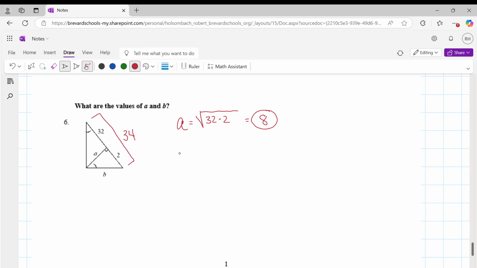The geometric mean of the entire hypotenuse and the segment closest to the leg we're looking for. So 34 times 2. So 34 times 2 in your calculator. Make sure you hit equals and then the square root button, and that's 8.2.